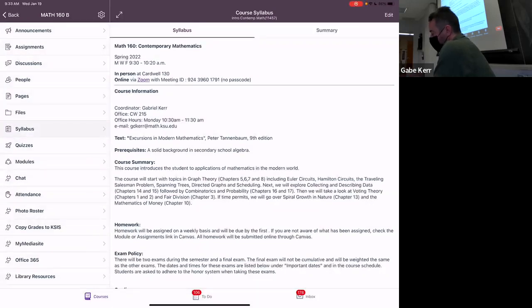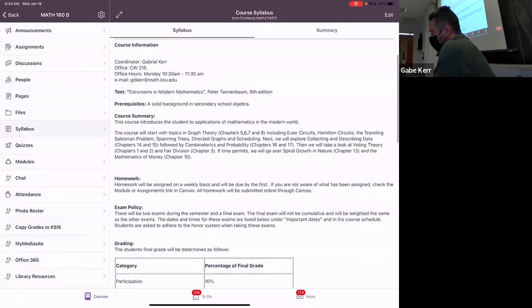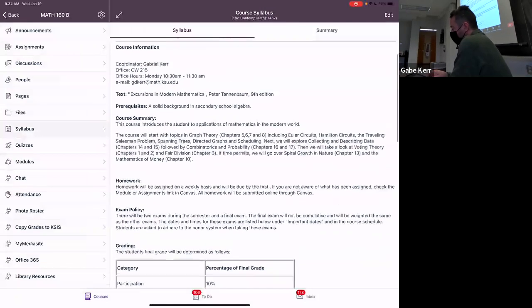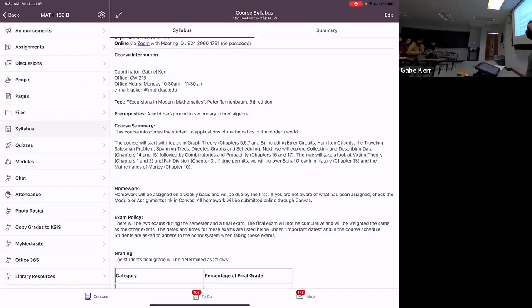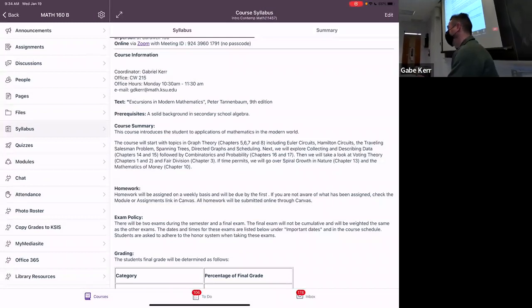Other things to say about the course. We have a text. Usually, when I'm teaching a course I haven't taught before, I lean on people that have done it, and so I'm using the text that was recommended to me. It seems fine. If you weren't in love with the mathematics before, you may not be in love with the mathematics from this text.